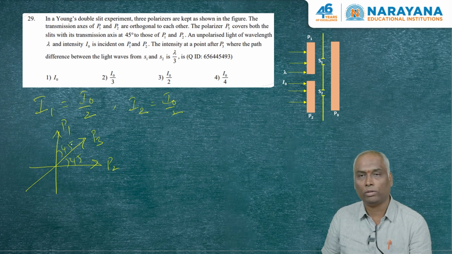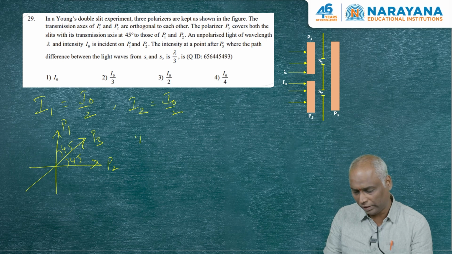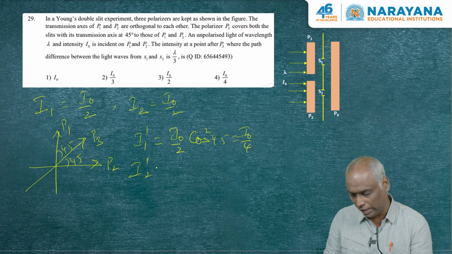So for the light coming out from P3, if I imagine the intensity as I1 dash due to the light coming out from P1 and I2 dash due to the light from P2, then according to the Malus law, I1 dash equals I0 divided by 2 into cos square 45. So this value is going to be I0 divided by 4. Likewise I2 dash is again I0 divided by 2 cos square of 45, which is I0 divided by 4.